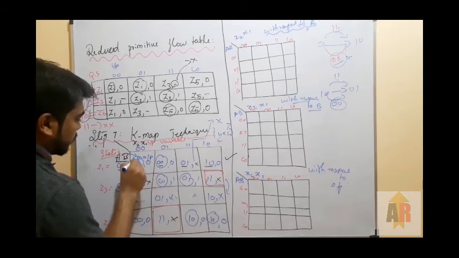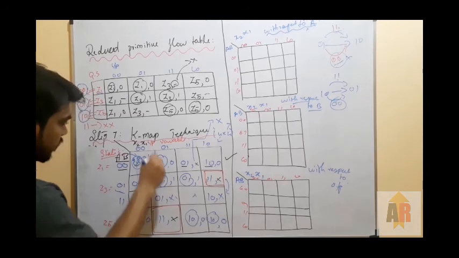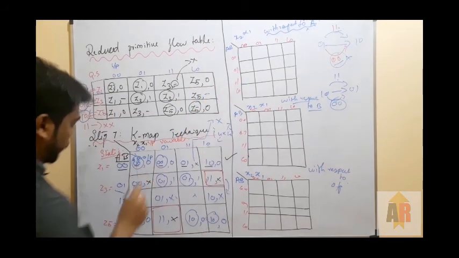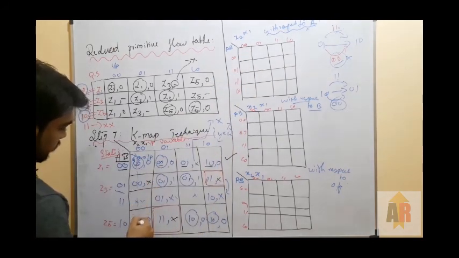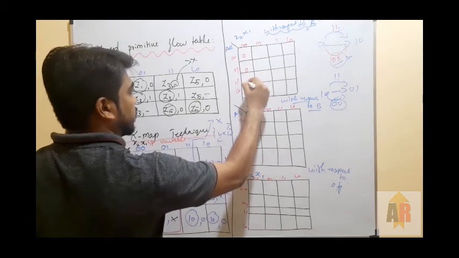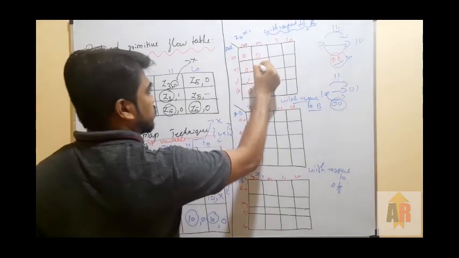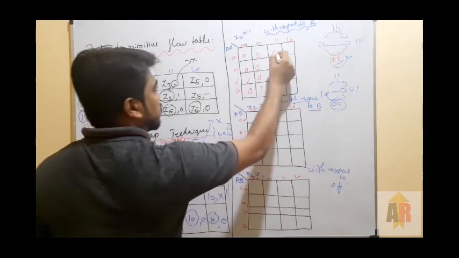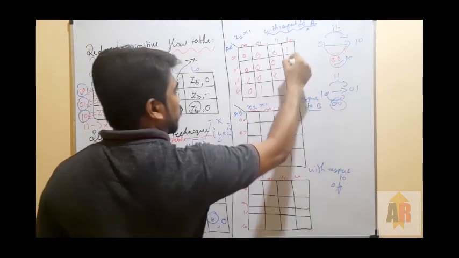So this A which is available in this line, copy paste it over here. So what we will get is 0 0 x 0, 0 0 x 0, then 0 0 0 1, 0 0 0 1, 0 0 x 1, 0 0 x 1, 1 1 1 1, 1 1 1 1.